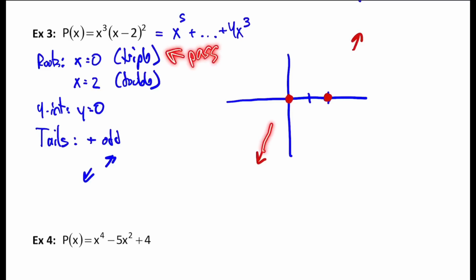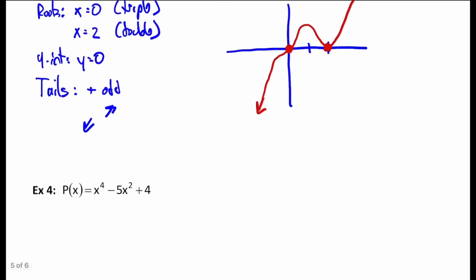So it passes through, but it flattens out, changes concavity. Then at 2, the double, it's got to bounce and then go up. So it's going to look like that. All right, now let's sketch that in. So at 0 it flattens out, passes through, goes up, turns around, bounces on the root 2, and then continues on its way.